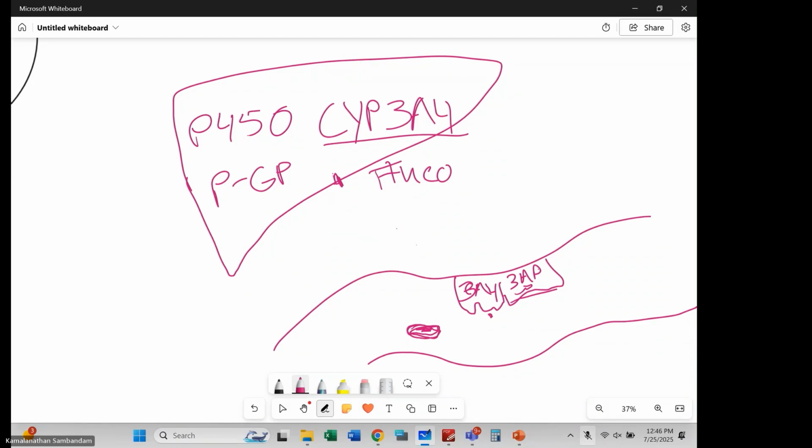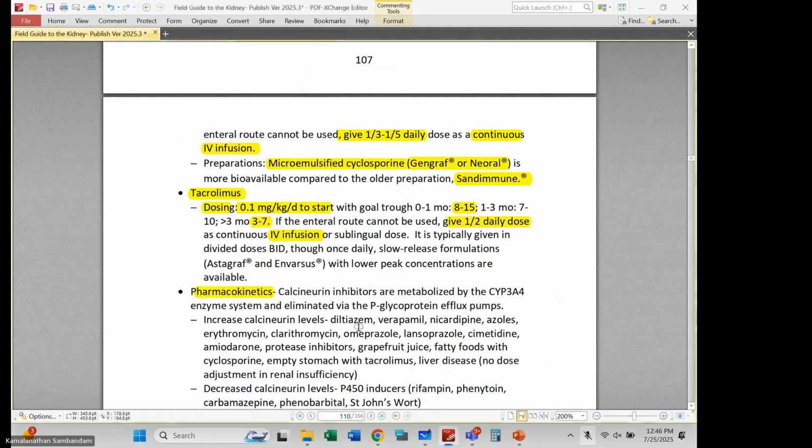The dose, because I'm having less of this, let's call it first pass elimination when I'm giving it IV.